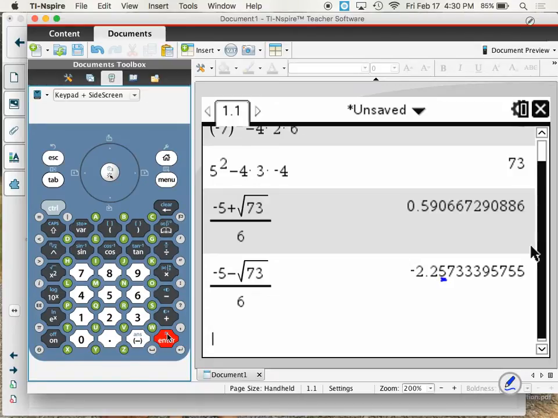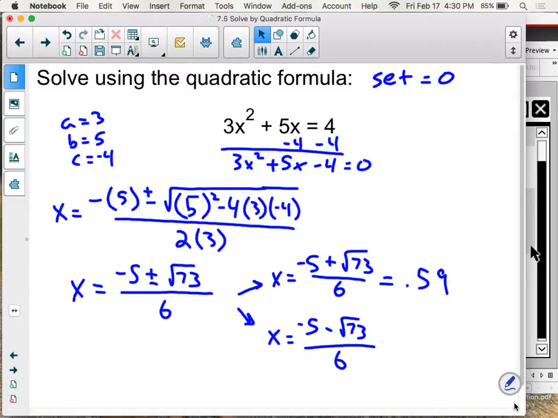The 7 is greater than 5, so it's going to round that number up to negative 2.26. So that's using the quadratic formula to get our answers. We can use factoring, we can use completing the square, but the quadratic formula will always work.